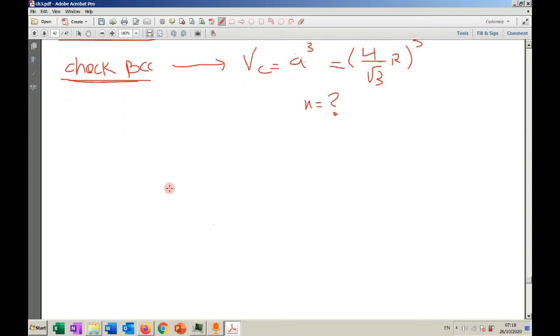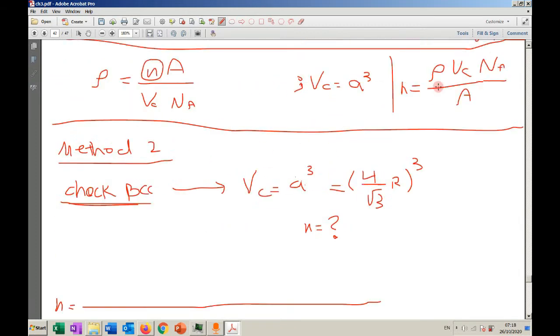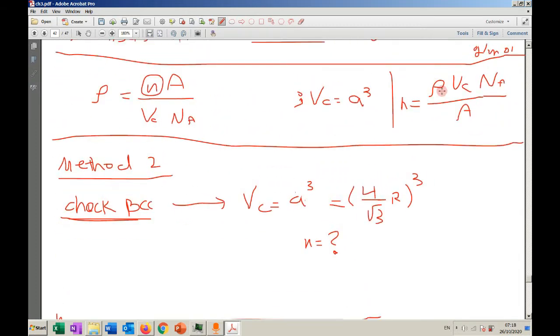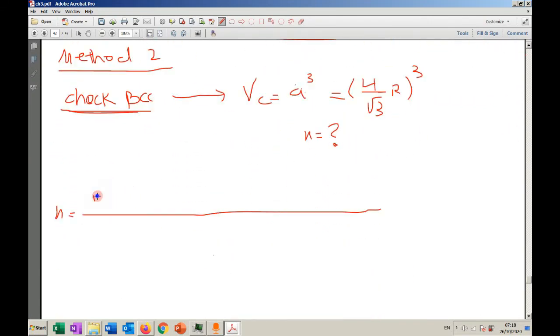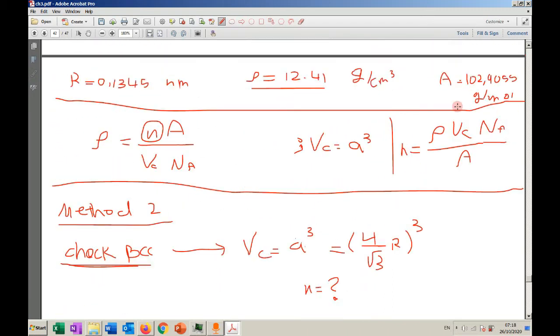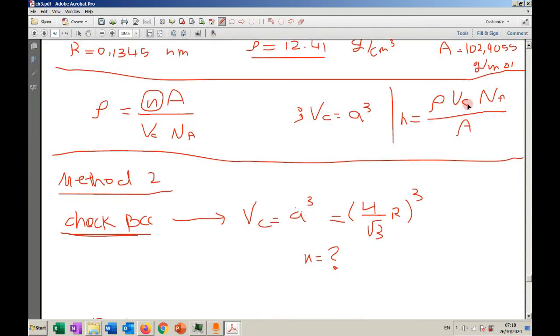Well, let's write it down. n: at the top we have density, which is given, 12.41, multiplied by the volume of the cube.